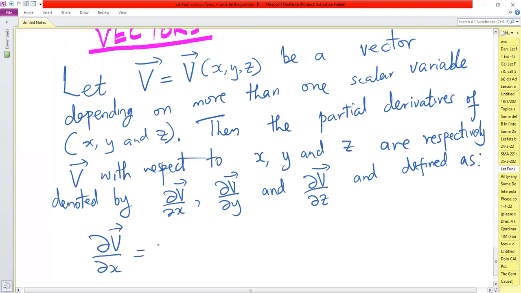Partial v partial x is given by the limit, as a small change in x approaches 0, of this difference quotient.